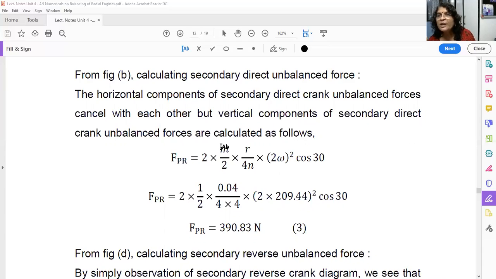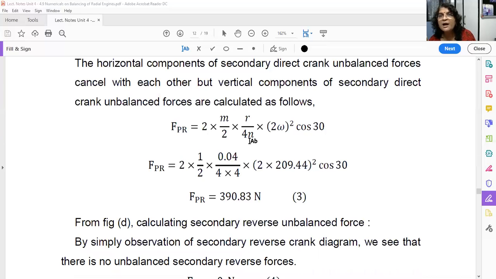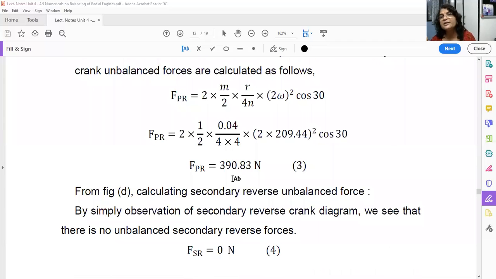Mr omega square upon n into cos 30, or sorry, m by 2. It's not m. So m by 2 into the radius of the crank r upon 4n into speed double, 2 omega. If you cancel this 4 with this 4, it will be m by 2 r omega square into cos 30. So put the value of omega, cos 30, r, n, m. You will get magnitude 390.83 Newton.